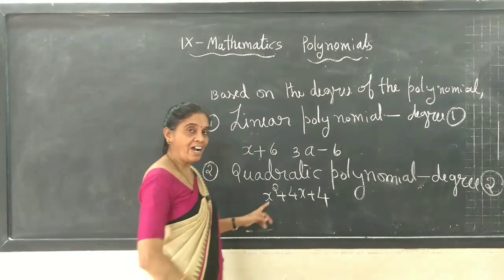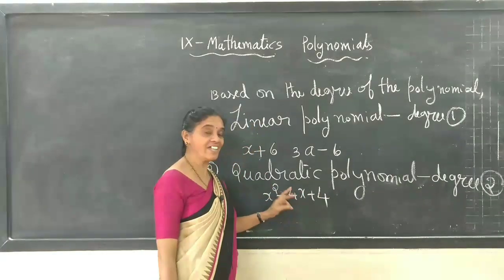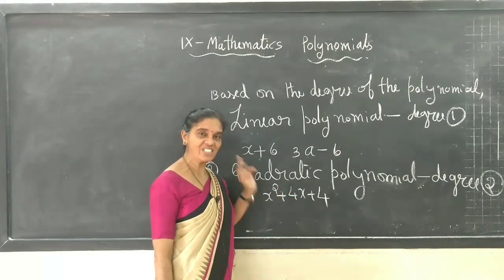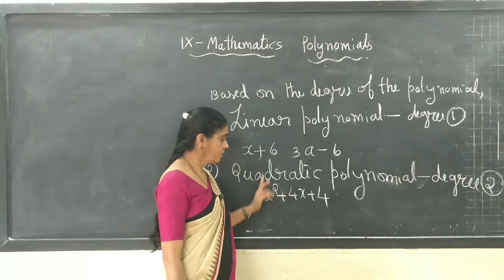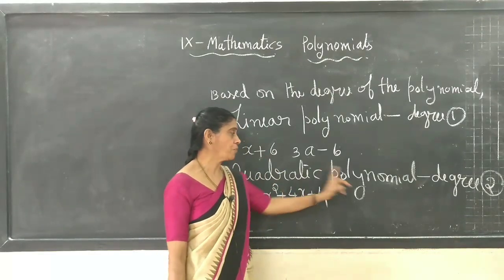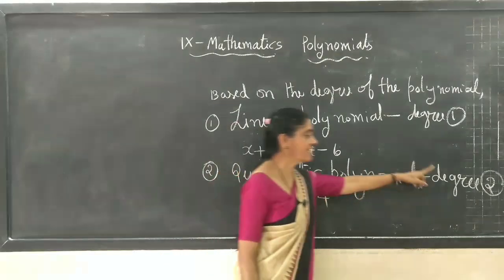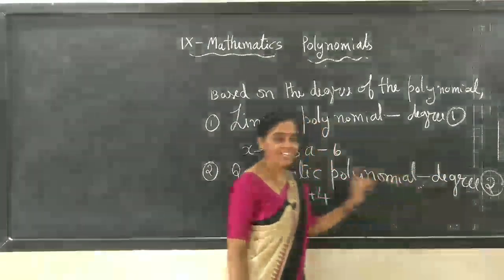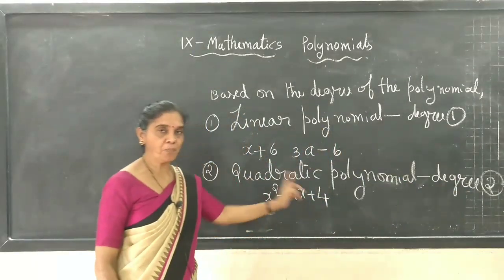Now what is the highest power here? It is 2, so the degree is 2, so the polynomial is a quadratic polynomial, because when the degree of the polynomial is 2, it is termed a quadratic polynomial.